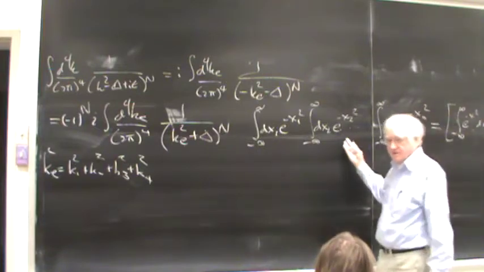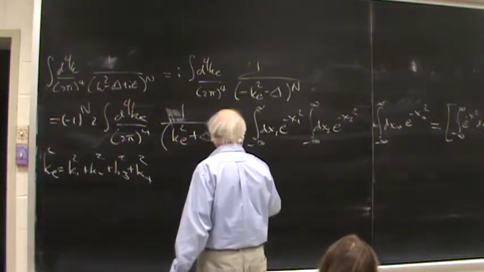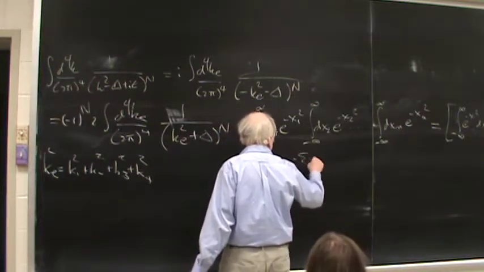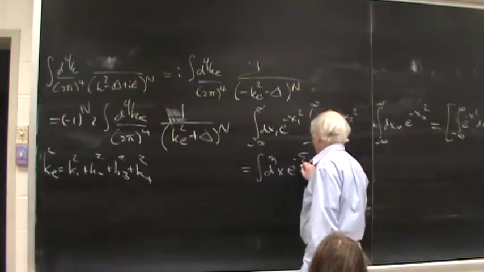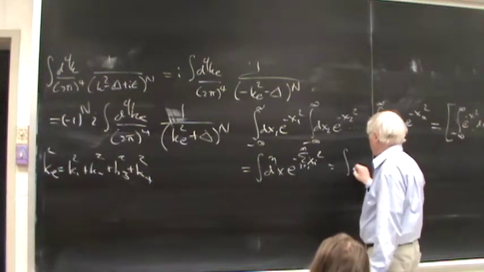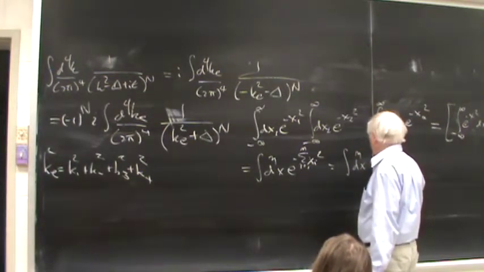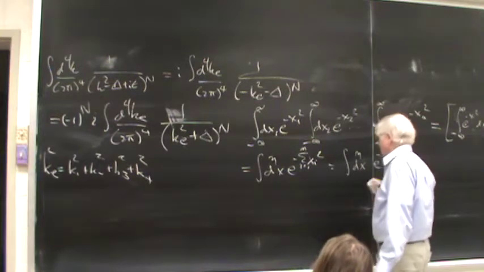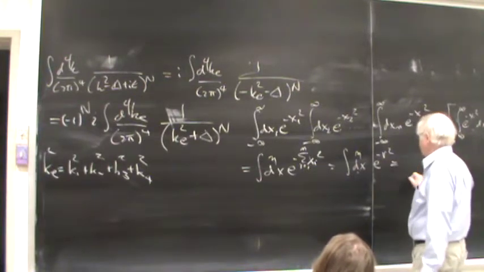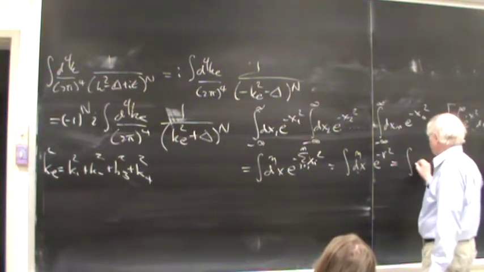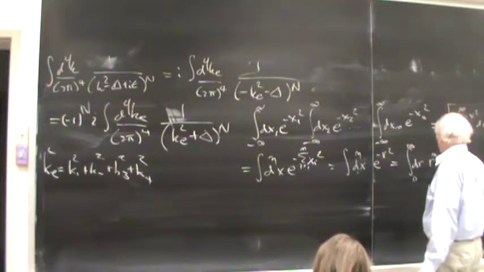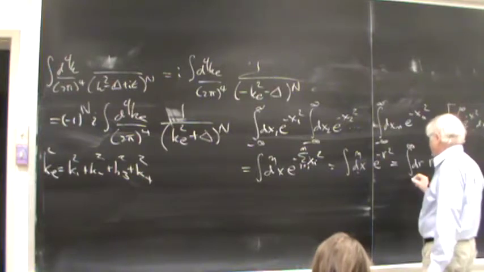On the other hand, this also is d^n x e to the minus sum of xi squared, i equals 1 to n. And so this is the integral d^n x e to the minus r squared, where r is the distance of the point from the origin. And so this thing is clearly the integral dr from 0 to infinity, r to the n minus 1 e to the minus r squared times something.